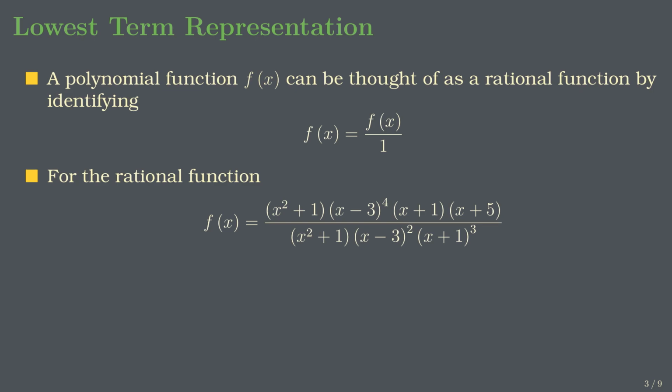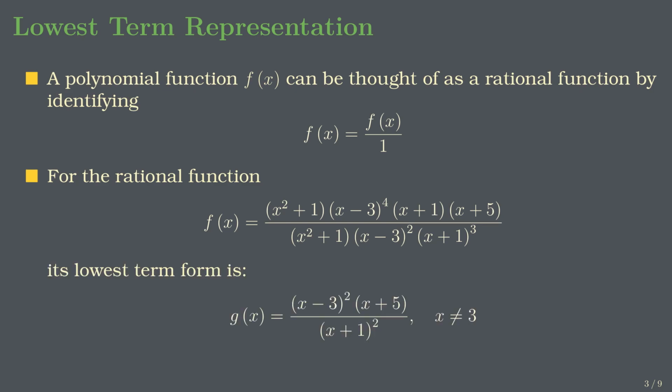For example, in f(x), you have x squared plus 1, x minus 3, and x plus 1 as common factors between the numerator and the denominator. So in order to remove the redundant factors from the formula of f(x), you can get the lowest term form of a rational function.